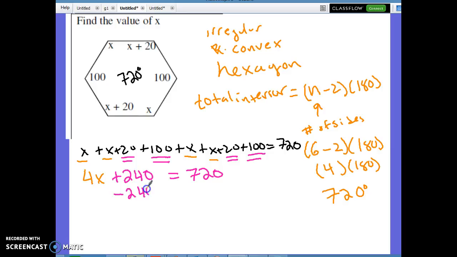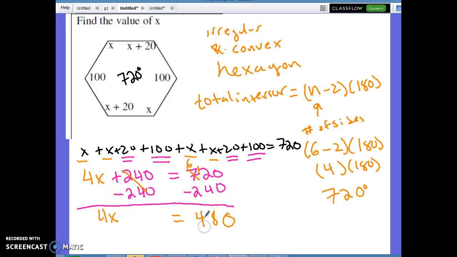Subtract 240 minus 240. And we get, bring down our 4x. We get our constants canceled out here. The whole reason why we did that equals 720 minus 240. 0 minus 0 is 0. 2 minus 4 we borrow, so we get 12 minus 4 is 8.